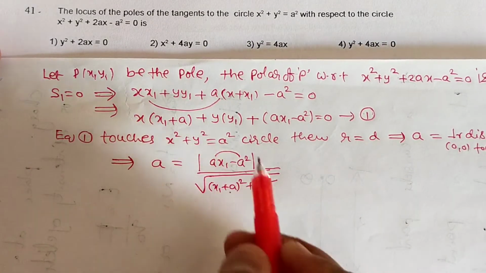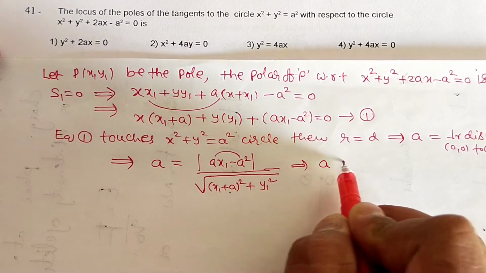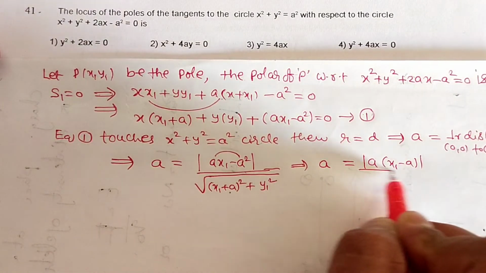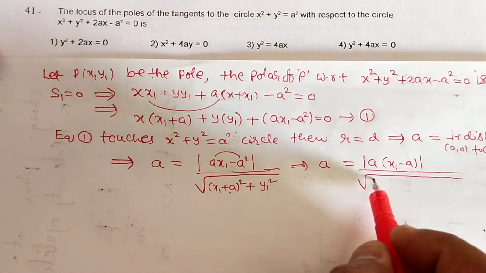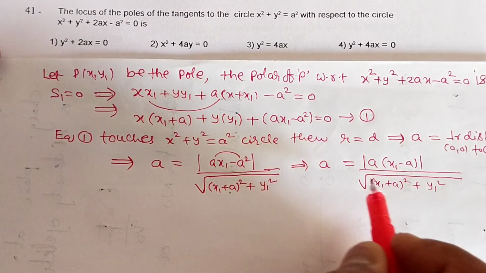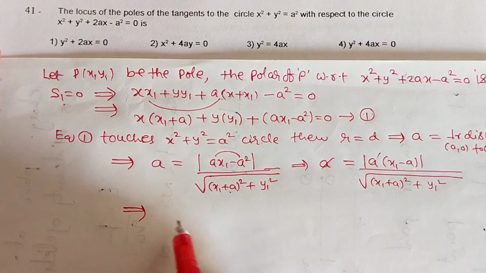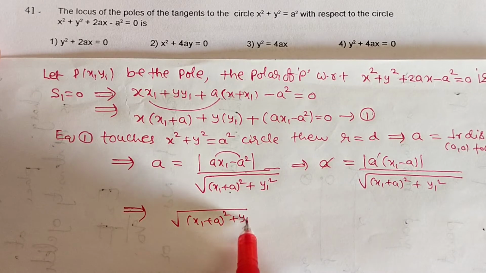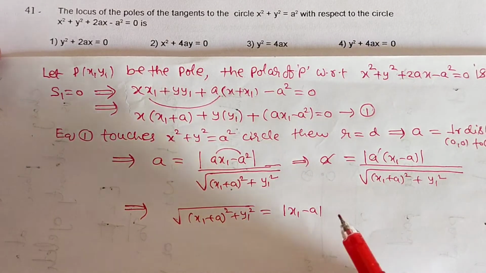So from these two, a take common and cancel, we get, otherwise I'll write it directly, |a(x1 − a)| by the root of (x1 + a)² + y1². Here a gets cancelled, and cross multiplying, the root of (x1 + a)² + y1² is equal to |x1 − a|.